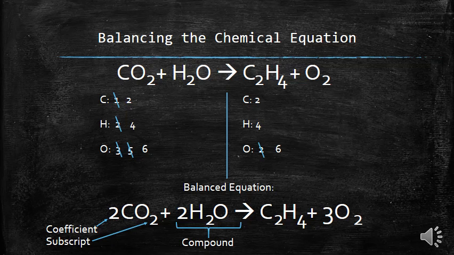So multiplying that by 2 creates 2. And then I would also have to multiply that to the O2. So you can't just do 1, you have to do the whole entire group. So 2 times C with the subscript of 1 makes 2. So then I crossed out the 1 and I put a 2 there.